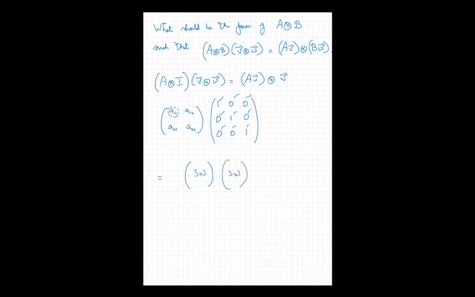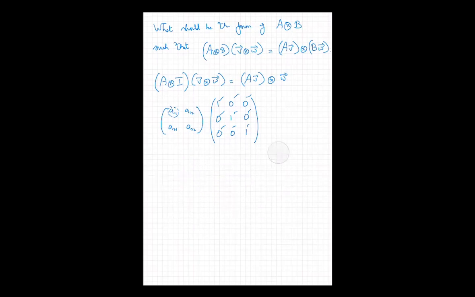Then I will take A21 and multiply it by every single element in the second one. That will be the third 3 by 3 block. And then I will take A22 and multiply it by every element here. That will be a fourth 3 by 3 block. So this, as you can see, would be a 6 by 6 matrix. So this is guaranteed to act on a 6-dimensional column vector.